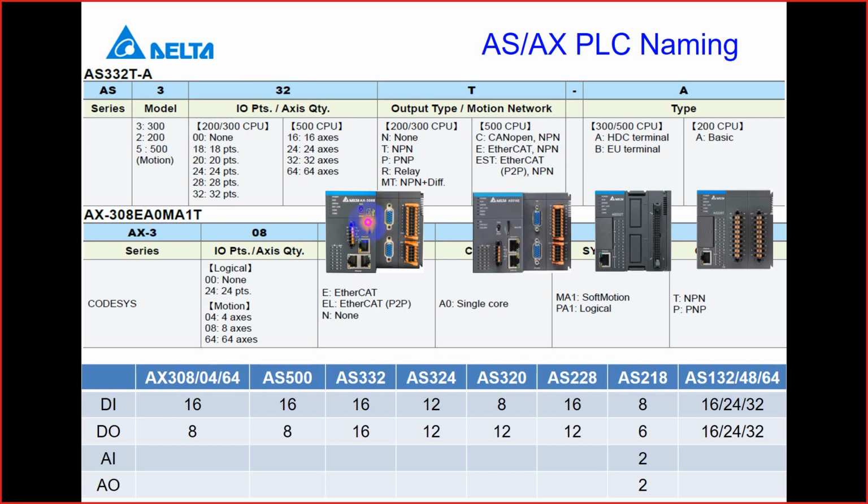Then, okay, so you will see this one is for AX3. So you compare the difference I already mentioned. Because this one they have two Ethernet port, but for AX3 series, we have also one EtherCAT port. So you will see this is the main difference.